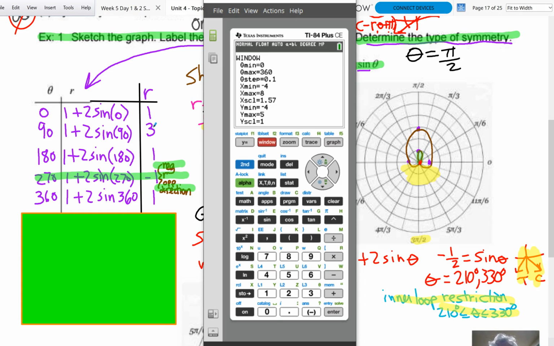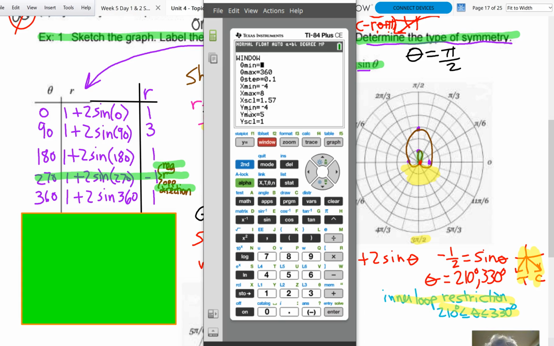And then in terms of my x scaling, I made sure that I did it by, it looks like half a pi. Actually, I have to think about that a second. Why am I counting by half a pi? Well, I'm looking at my thetas and my r values.